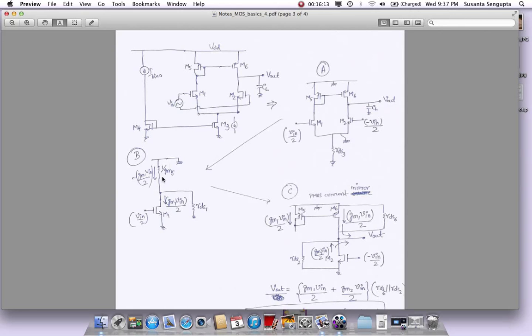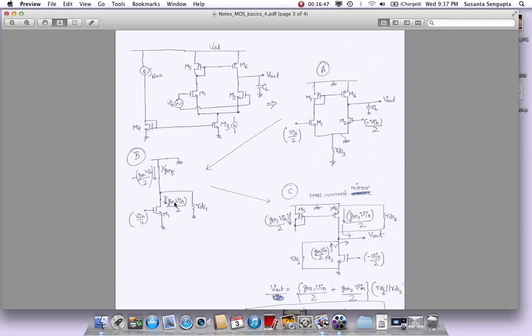I'm not putting an RDS here because if GM times RDS is big, that is what we are assuming, let's say in the order of 100, then this is 100 times smaller resistance compared to an RDS of this device. That's why I have not drawn the RDS here. So the current that is created here, and again I'm not putting any capacitors or anything because I want to first find what is the DC gain, and then we will put capacitors to find the poles.